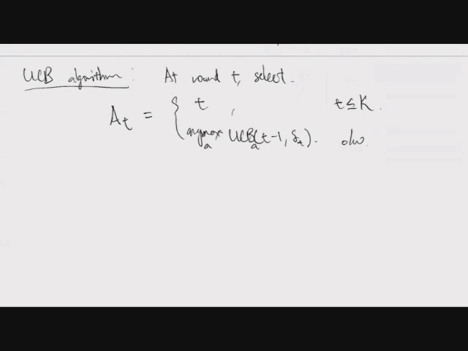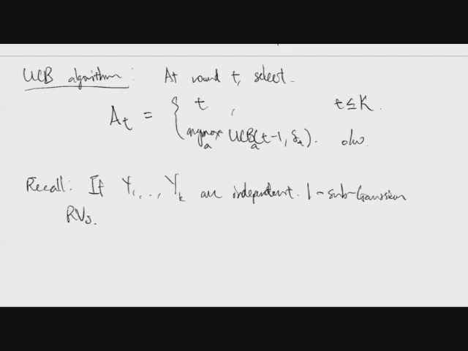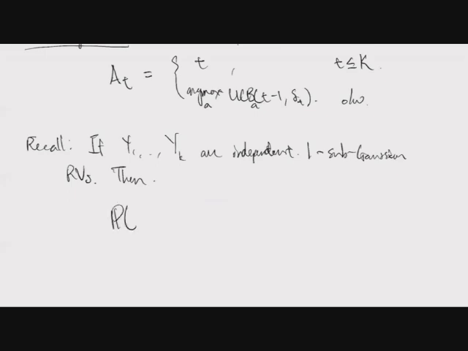Okay, so recall that if y_1, ..., y_k are independent 1-sub-Gaussian random variables, then we have this bound.